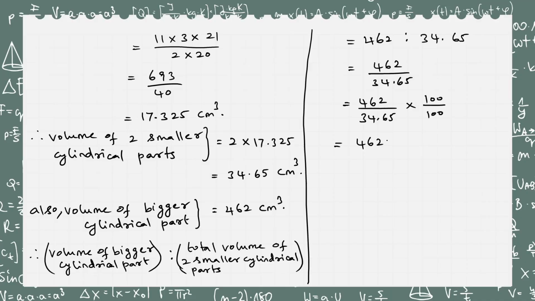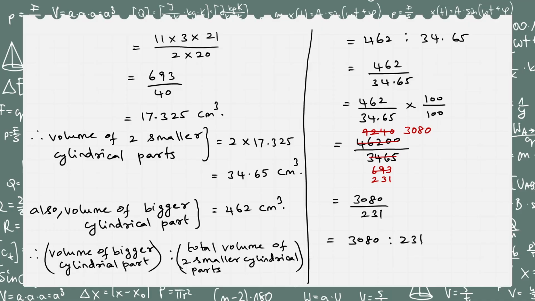The numerator will be 46,200 and the denominator will become 3,465. Now we need to start simplifying this. So this is like 3080 divided by 231. Again we write it as a ratio, so this is 3080 is to 231. This is the ratio of their volumes.